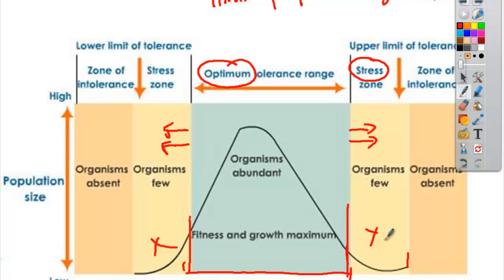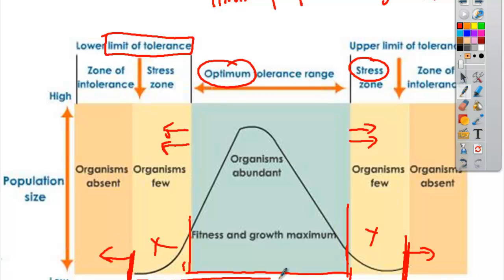When you go beyond that, they call it the zone of intolerance. I call it the limit of tolerance. Okay? And at that point, whatever this abiotic condition is, this particular limiting factor, if you go any more extreme than this, the species cannot survive. Okay? So the range of tolerance is this whole entire area where you could have species. They like this area the most, so it's called the optimum range.